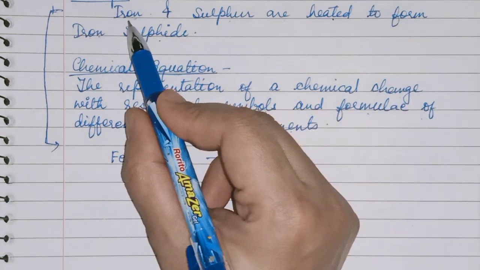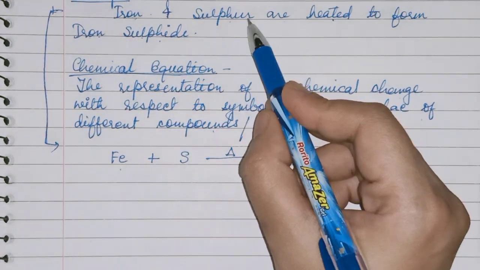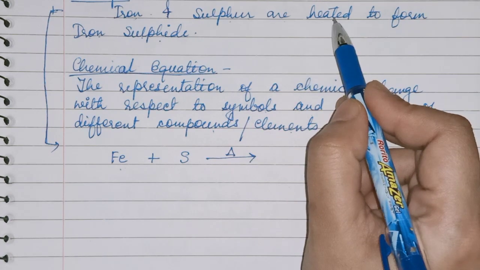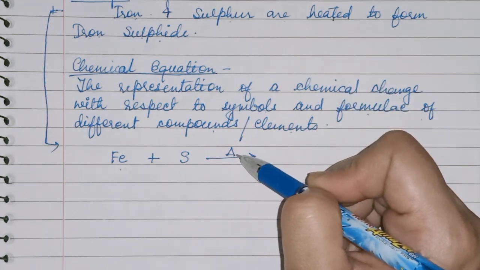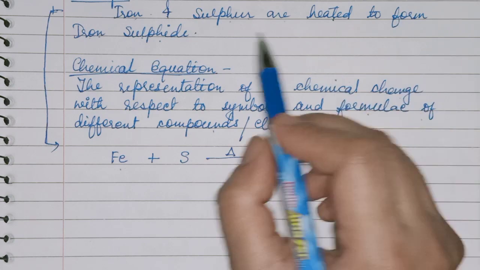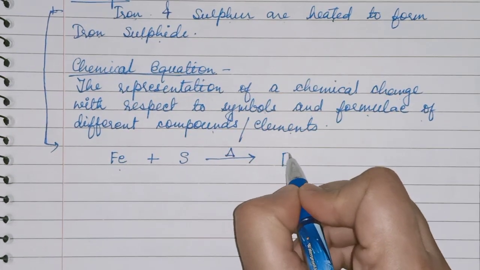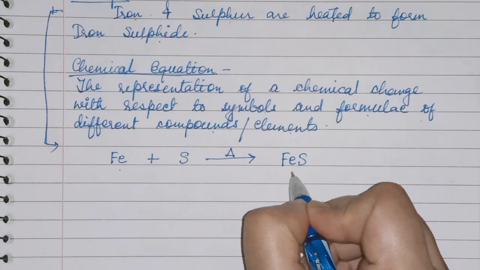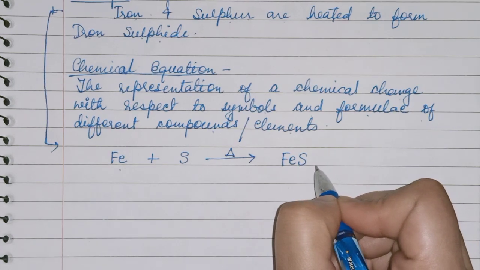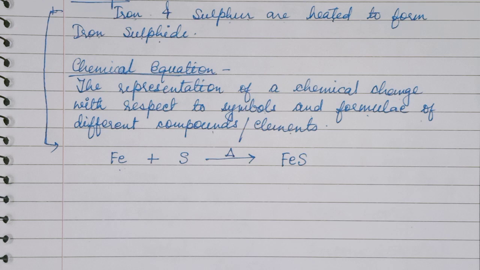So see here, iron symbol Fe, sulfur symbol S is heated. Here heat is represented by a triangle to form iron sulfide. Iron sulfide's chemical formula is FeS. In the last chapter you have learned how to form chemical formula.